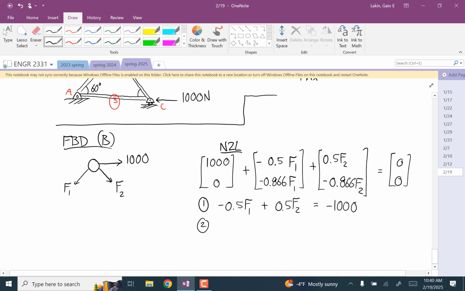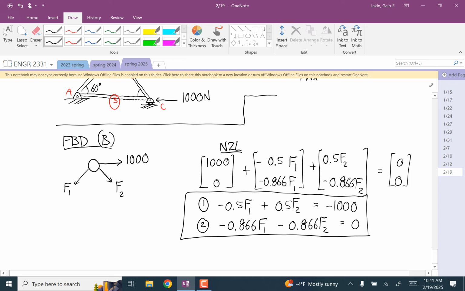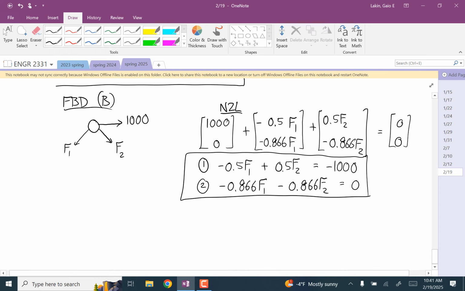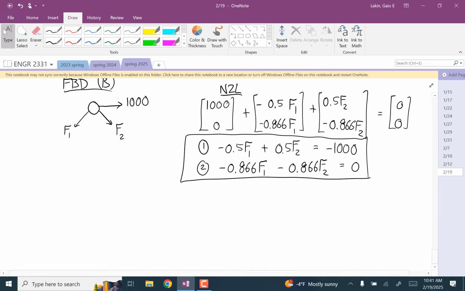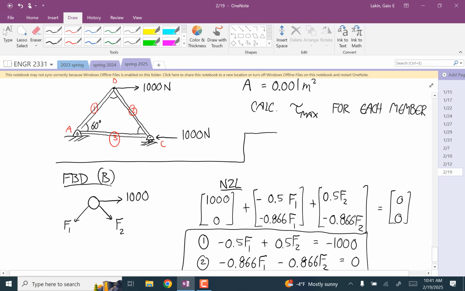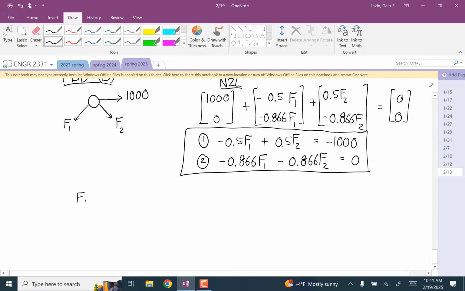And the second one says negative 0.866 F1 minus 0.866 F2 is equal to 0. And then we'll go to C.